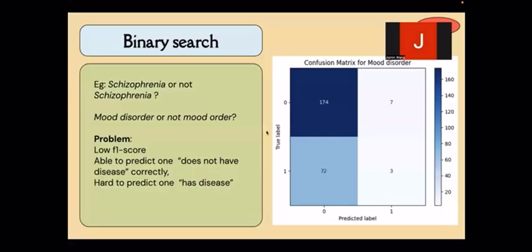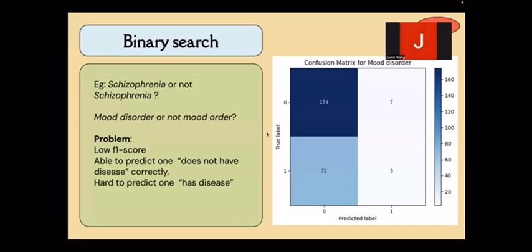We have also done a layered binary search, which means we train multiple random forest models for a binary classification problem. For example, we do the classification problem for whether the patient has mood disorder or does not have the mood disorder.